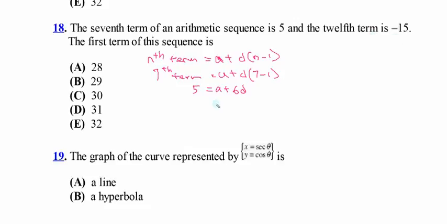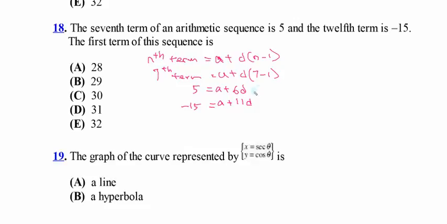Similarly, the 12th term is minus 15. You have 12, so it's 12 minus 1, so you end up with A plus 11D.